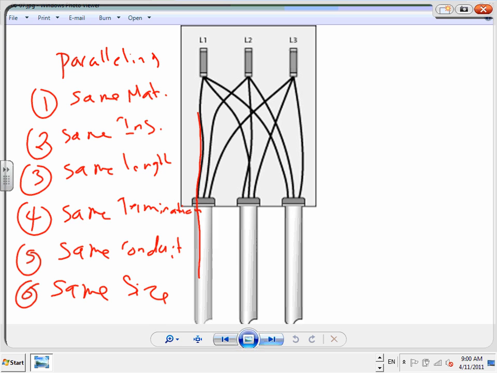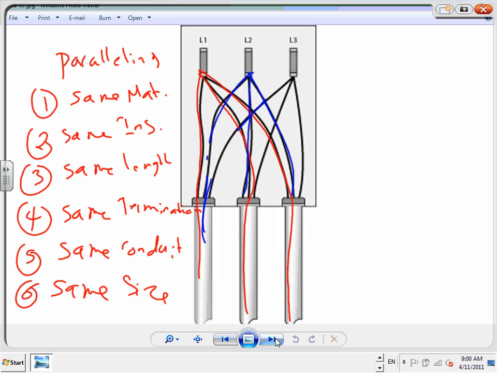Look at this conductor. Phase A came from here, phase A came from this conduit, and phase A came from the other conduit. Can you guys see that? And the same thing, phase B and phase B. That's phase B coming from here, and phase B coming from here, and the last three are phase C.